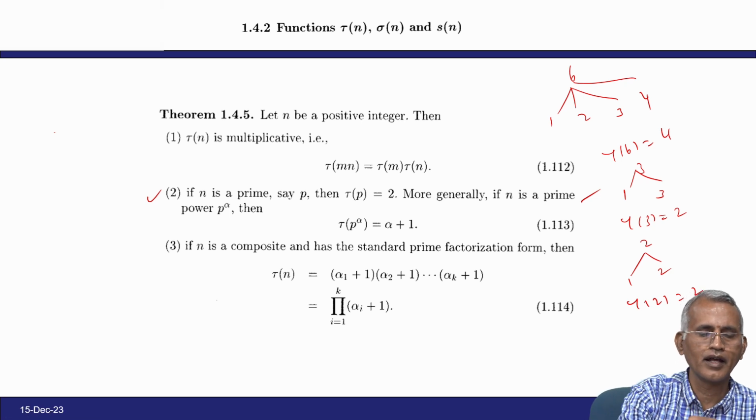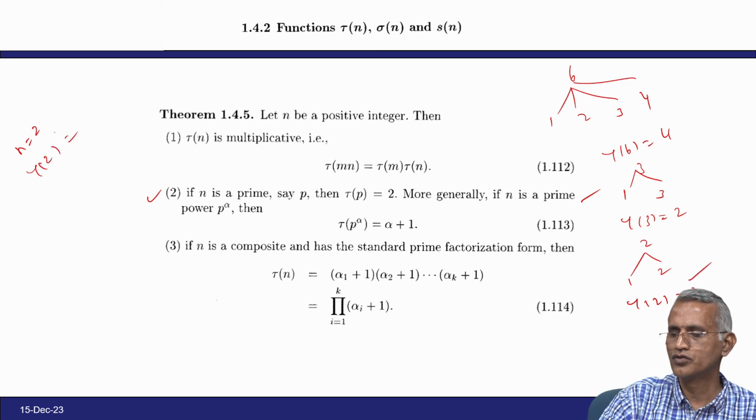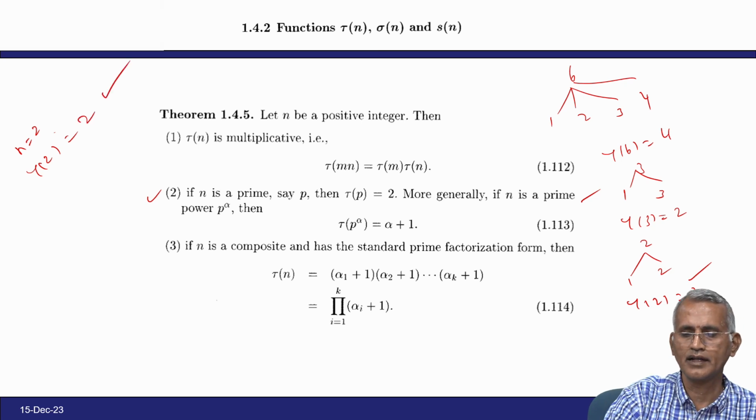For the second case, if n is a prime, then tau of p equals 2 only. For example, you take n equal to 2, a prime, and tau of 2 is 2, already found out, so it satisfies.